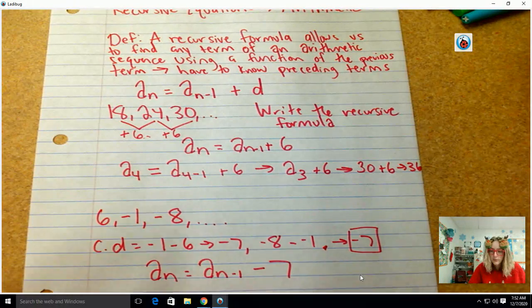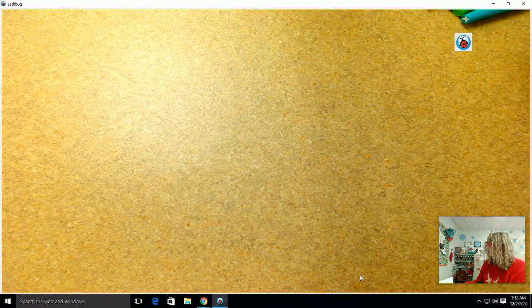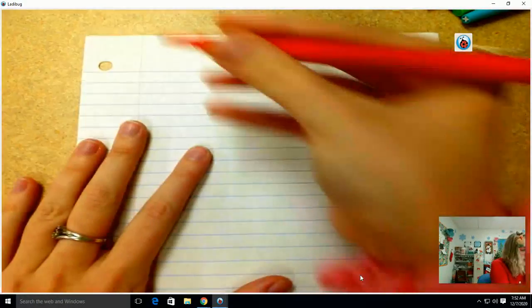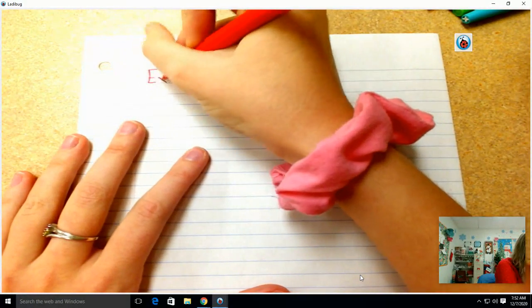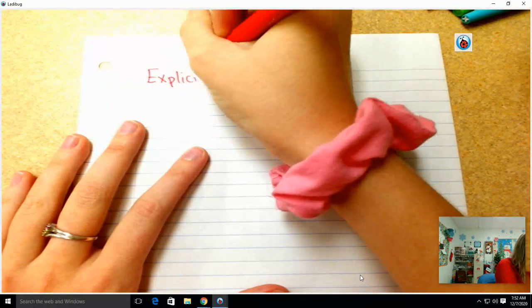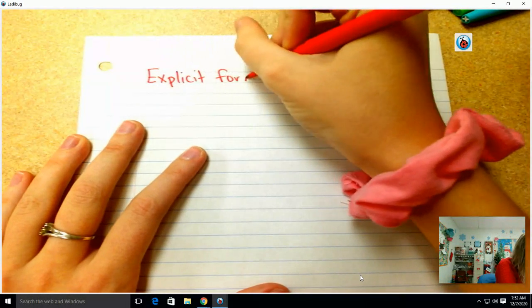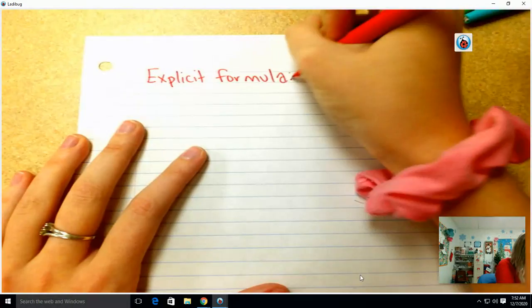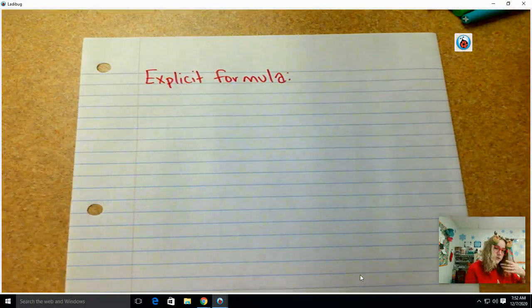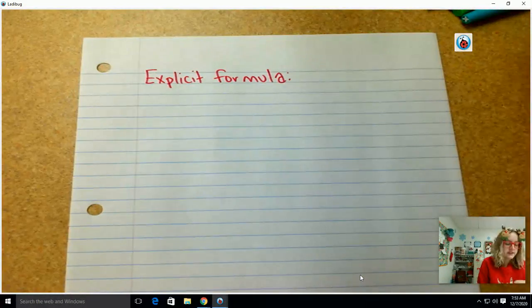Okay. And while we have recursive formulas, we also have another type of formula, and it is called an explicit formula. The explicit formula and recursive formulas are different.